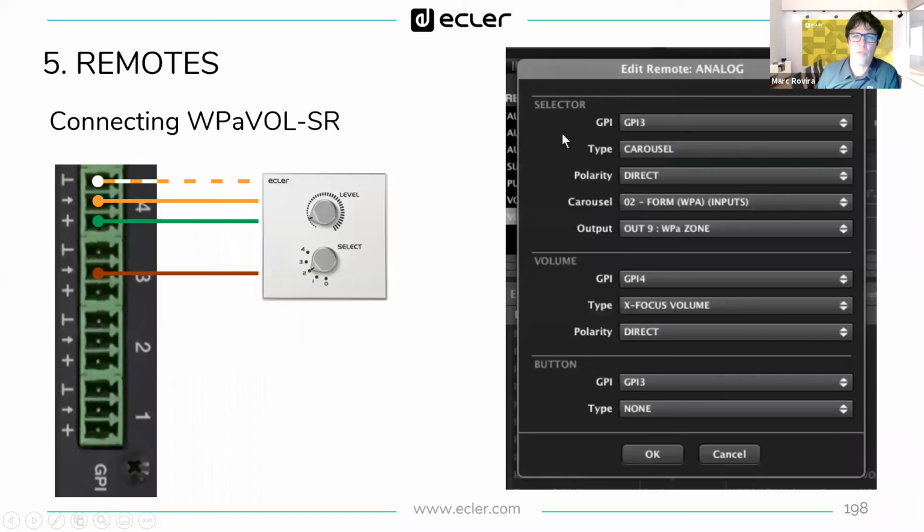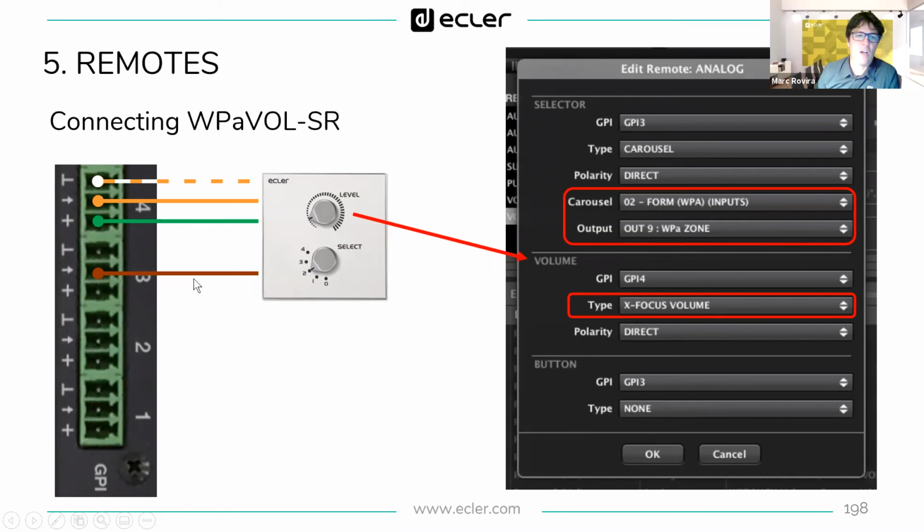If we go back to our remote configuring window, we will have this carousel here, so we will have these 5 choices assigned to this selector, GPI3, and this is related to output 9.